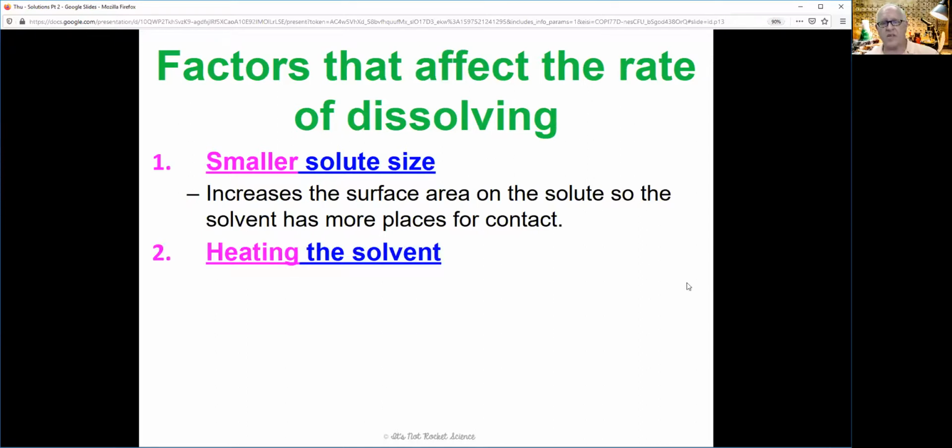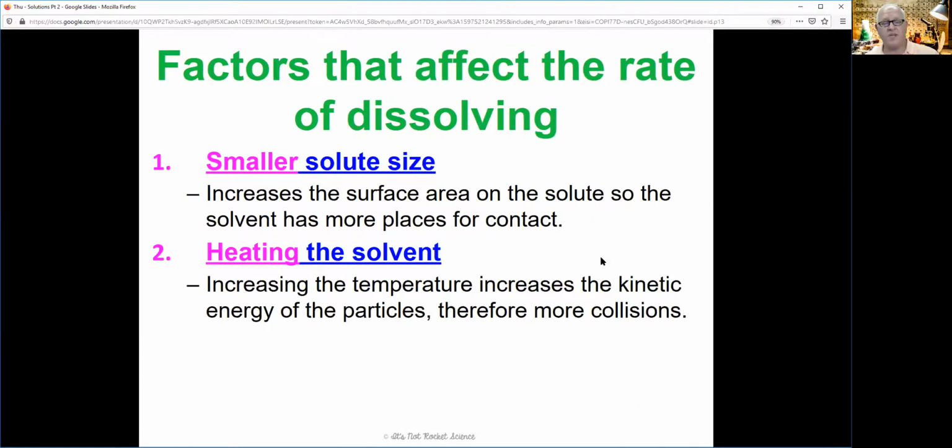The other way you can affect the rate of dissolving is by heating the solvent. Increasing the temperature increases the kinetic energy of the particles. They start bouncing around more, and therefore there are more collisions, and that solute can dissolve. And of course, the third factor is stirring the solution.